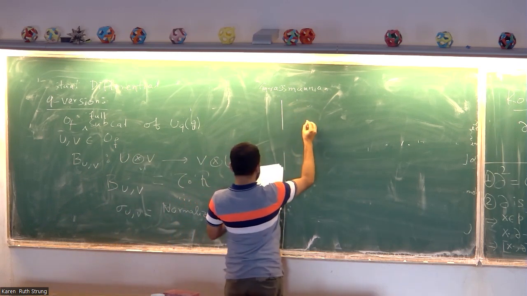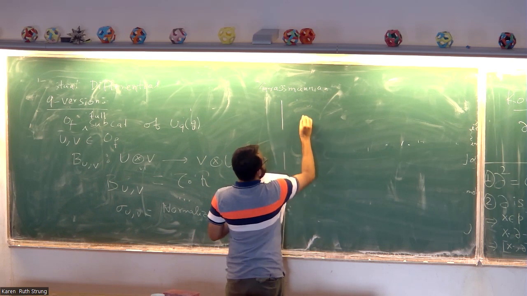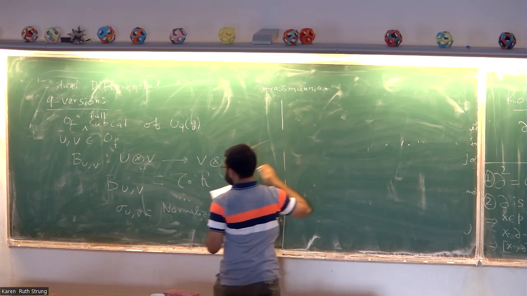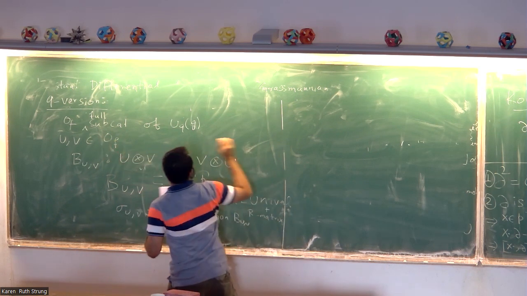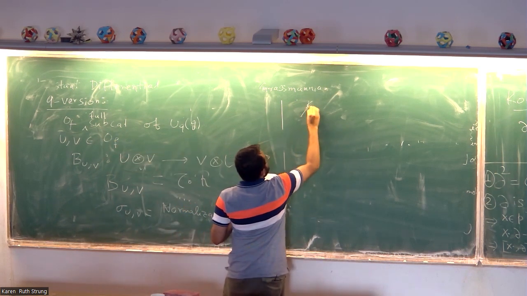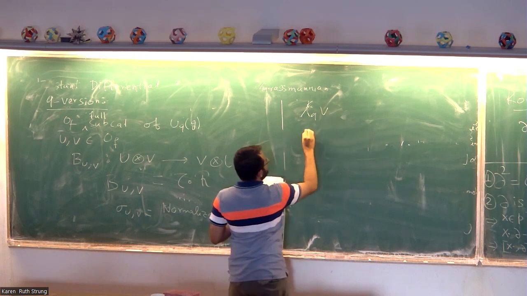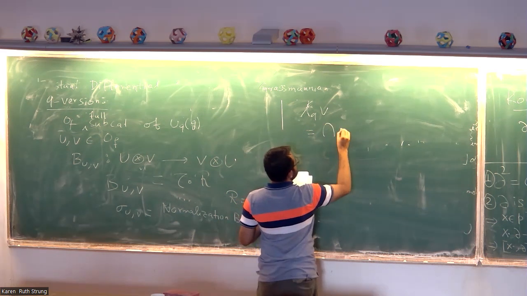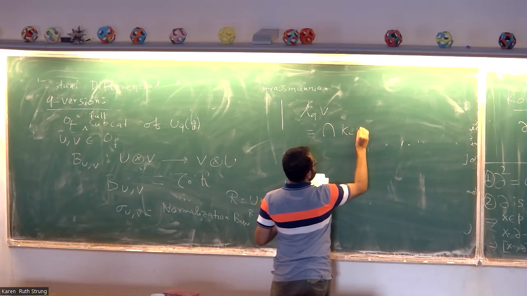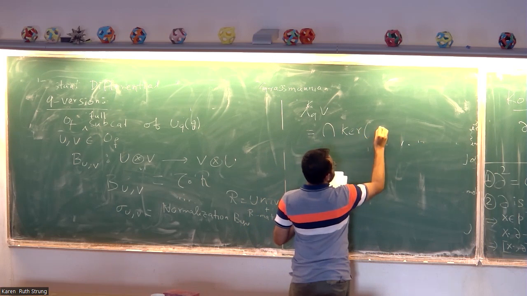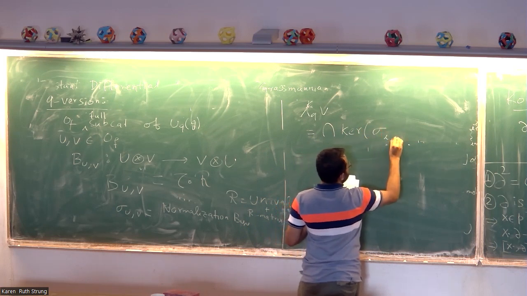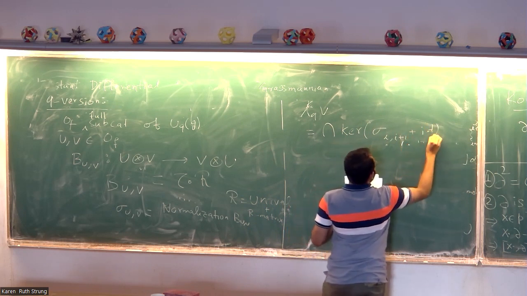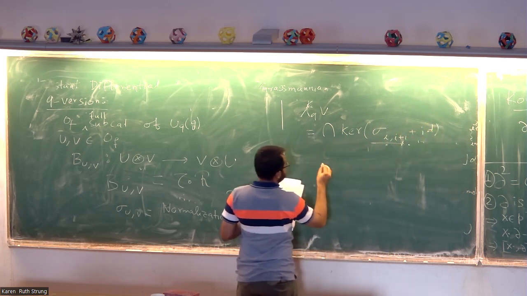If we try to define this, it will be defined as the kernel of sigma i,i plus the identity.